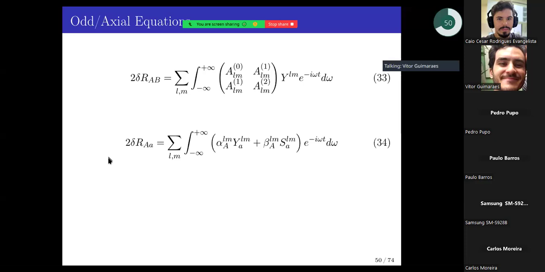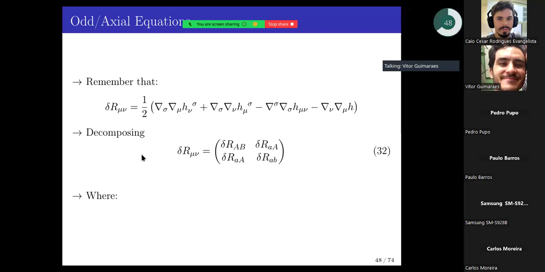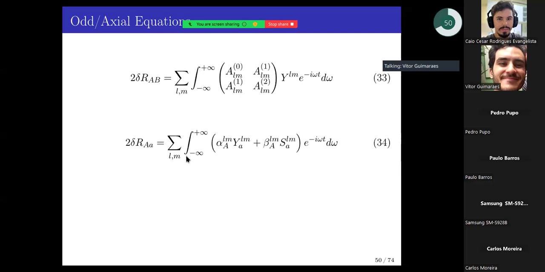So the second and third quadrants, which are exactly the same since this must be a symmetric tensor, are constructed by this, right? You see that in here we have alpha, which is the even part of this tensor, and here we have the odd part of this tensor.